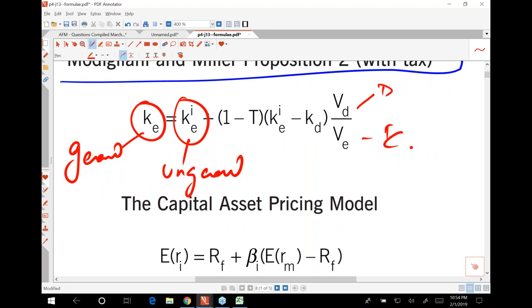In that circumstance, you would use the formula of Modigliani and Miller. The KE ungeared needs to be calculated from that formula. Well, nothing is a must in the exam, Osman Shahzad. It can come, it cannot come. You can't actually predict, and I'm not in a mood to predict anything at all.